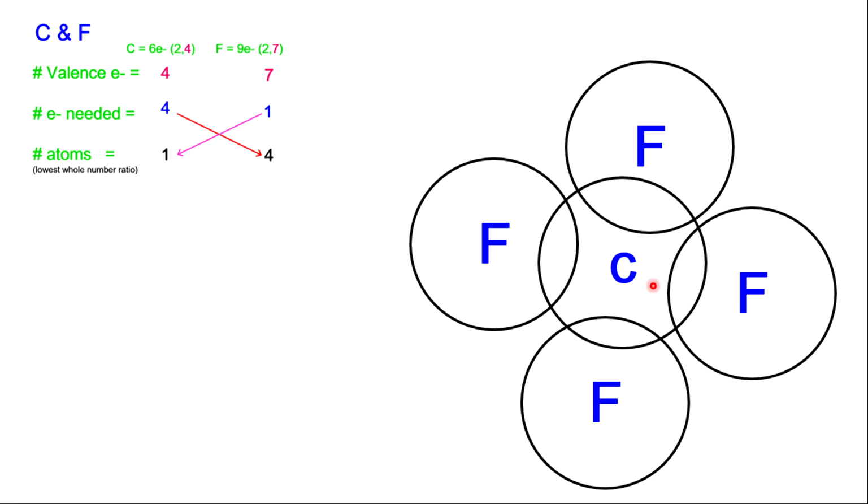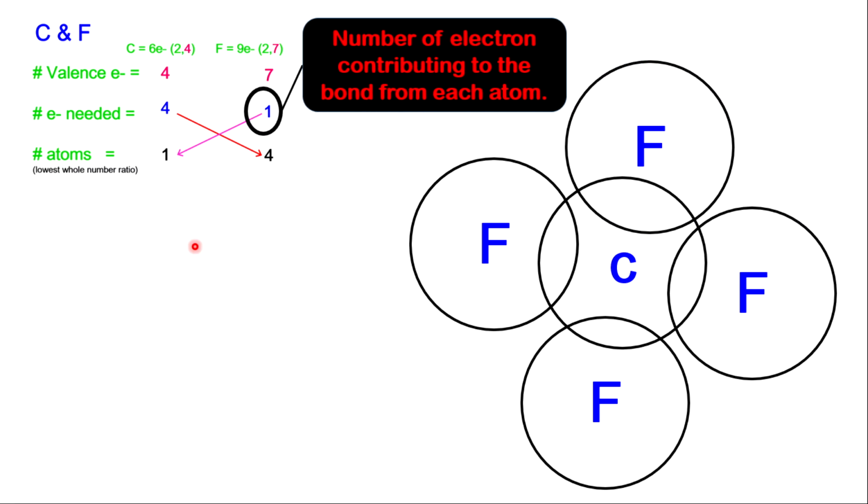So once you draw that, the next step is determining the number of electrons that will be going into the bonding section. Now, the way to do that, again, to remind you, is looking at the lowest number of electrons needed. So in this case, it is 1. So each atom will contribute 1 valence electron to the bonding section.